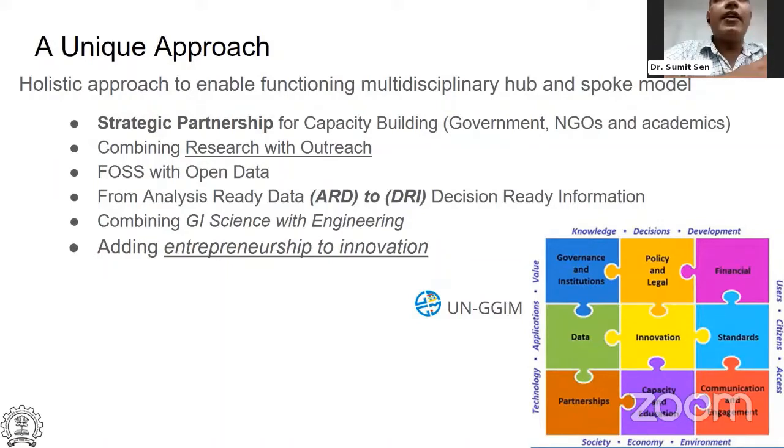For example, we have Bhuvan as data that people can access, but you are dependent on multiple ways to access that data. So the integration of FOSS and open data, and also looking from analysis-ready data to decision-ready information.